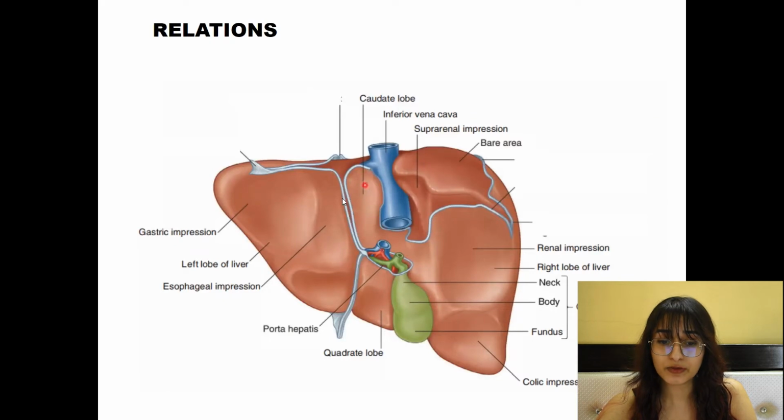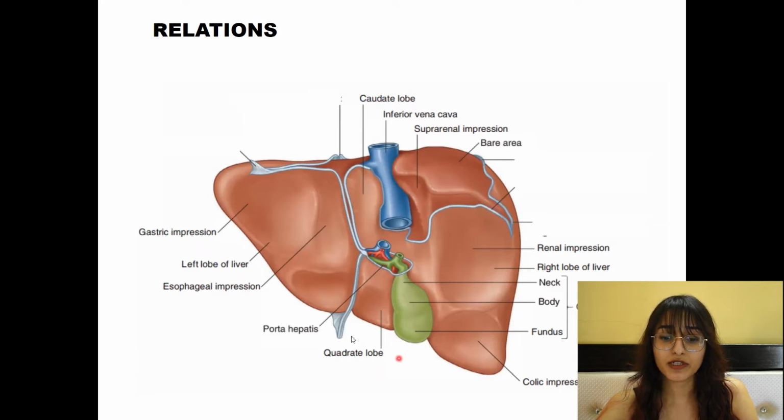It is found between fissure of ligamentum venosum on the left and groove for inferior vena cava on the right. So I told you about ligamentum venosum a few minutes before, that it was from the portal vein up to the inferior vena cava. So we have the fissure of ligamentum venosum on the left and groove of inferior vena cava on the right. This is your caudate lobe.